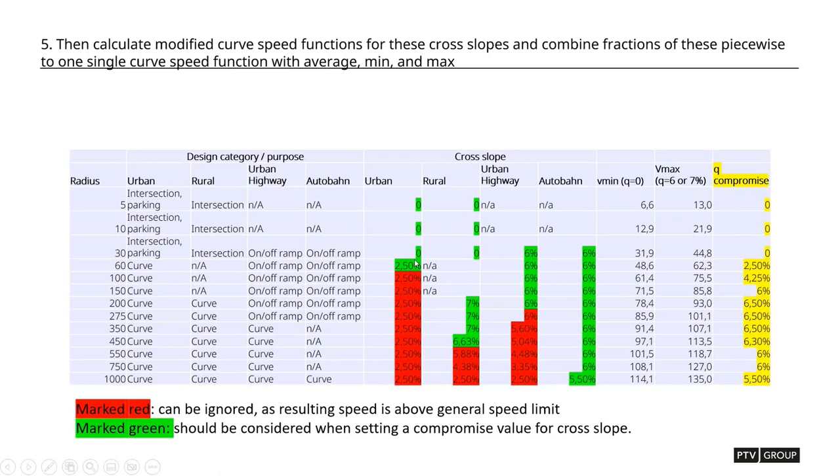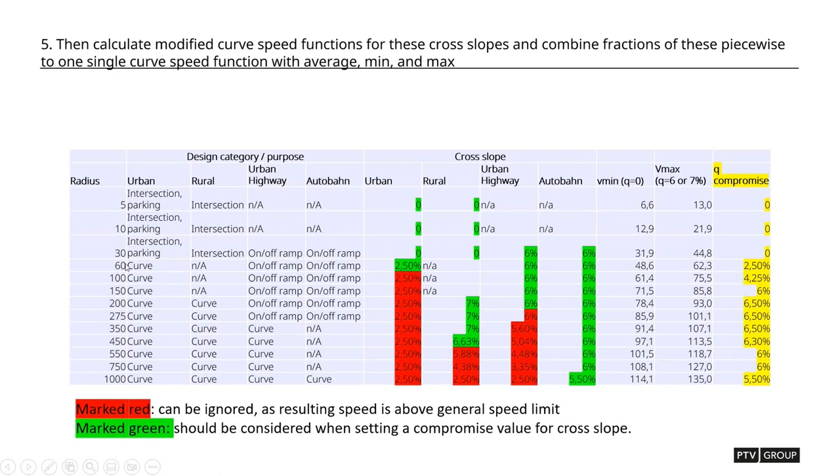There is a cross slope because we must get rid of the rainwater, but we cannot assume that it's in favor of the driver. So when there is no systematic cross slope, I say there is no cross slope at all. I set it to 0. And since such small radii do not really occur in different settings, we can say, okay, for the first 3 radii, the smallest ones, we assume a cross slope of 0. So we use the speed which is calculated for a cross slope of 0 for these radii.